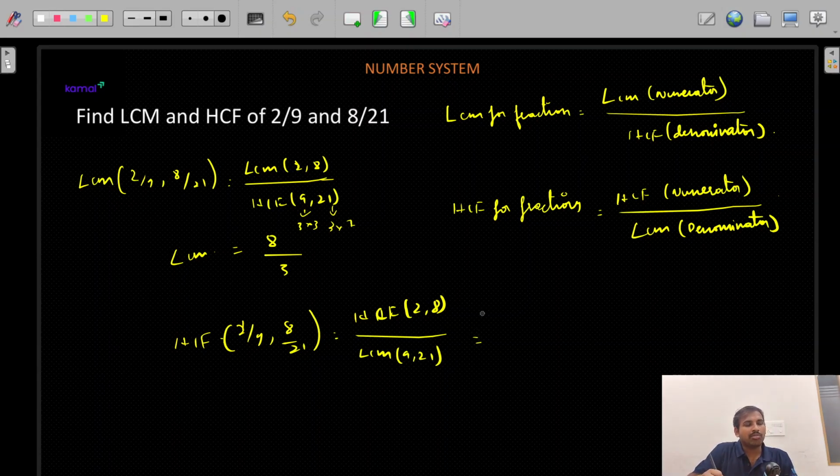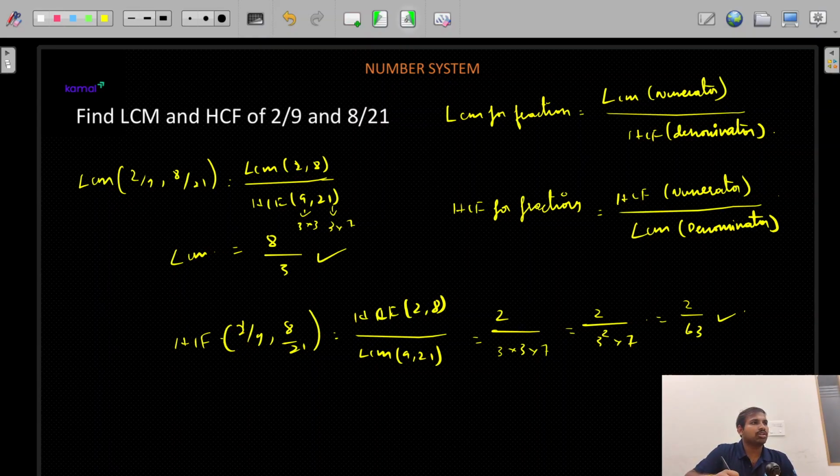Here the common value in the numerator is 2. In the denominator, we multiply the common value 3 with the uncommon values, 3 from 9 and 7 from 21, which gives 2 by 3 square into 7. So this is equal to 9 sevens are 63, that is 2 by 63. This is my answer for both LCM and HCF. I hope you understand this question.